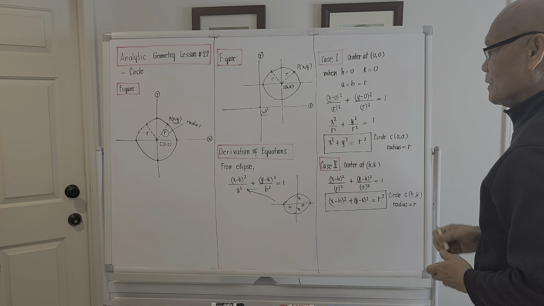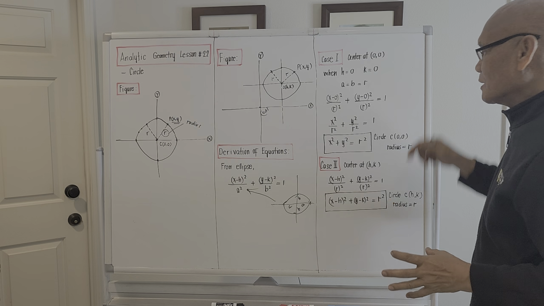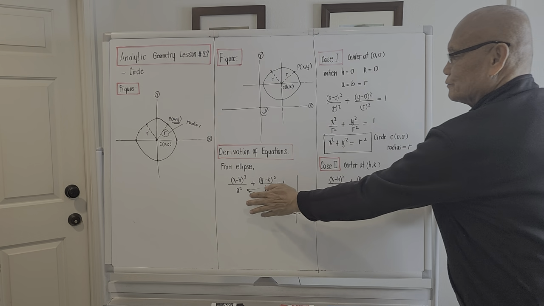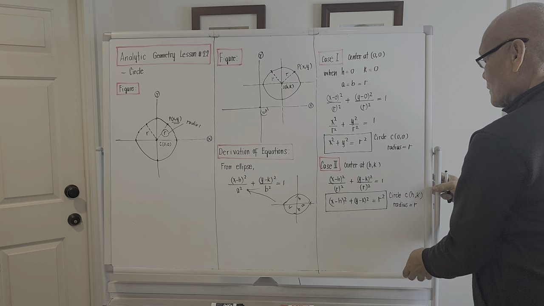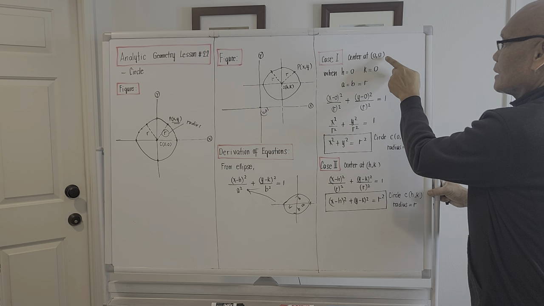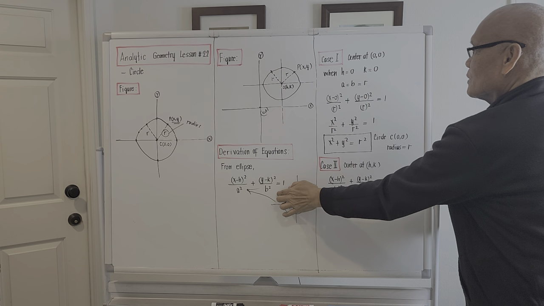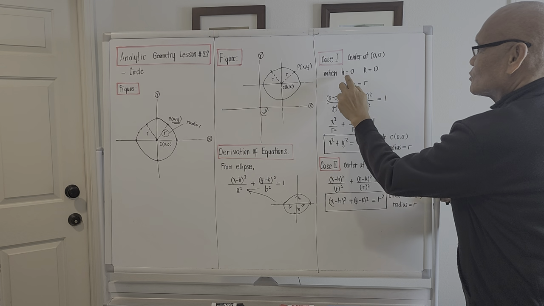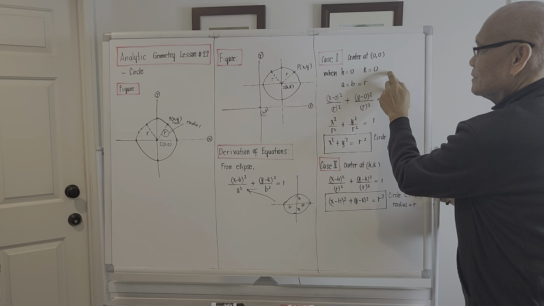So to derive the two equations under the study of circle, we will start with this one. For case number 1, if the center of the circle is at 0, 0, by using this equation, h will be 0 and k will be equal to 0.